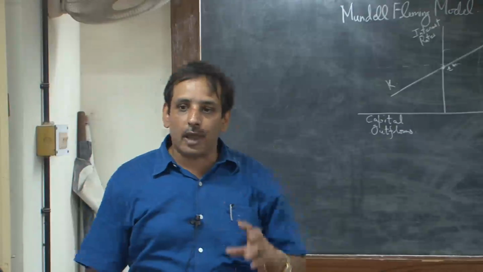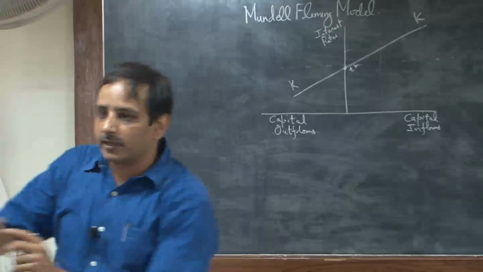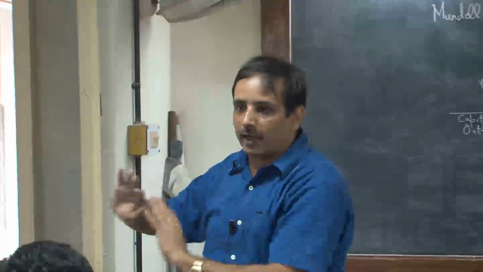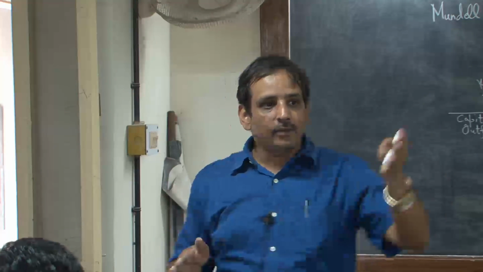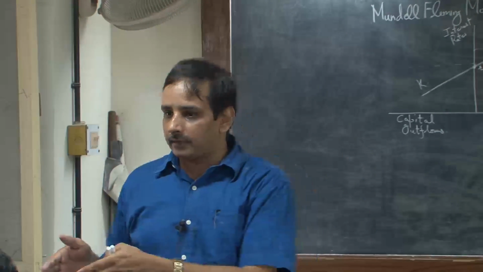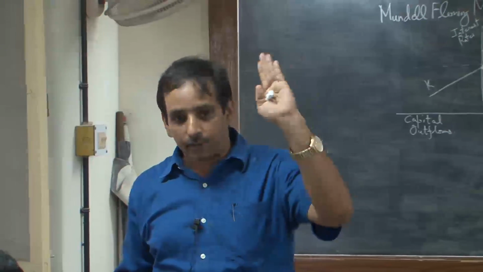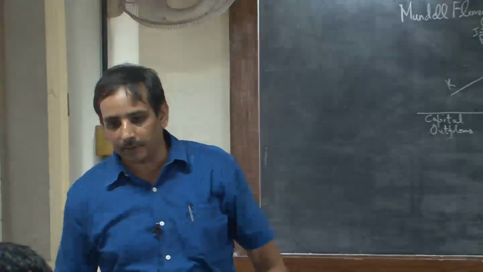So here, when you have the capital flows coming in, you can keep your exchange rate as outside the system, you can maintain it as it is, and you can have monetary policy for internal balance, monetary policy for external balance and fiscal policy for internal balance.